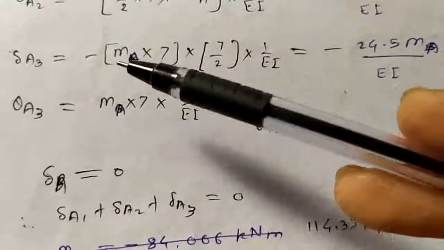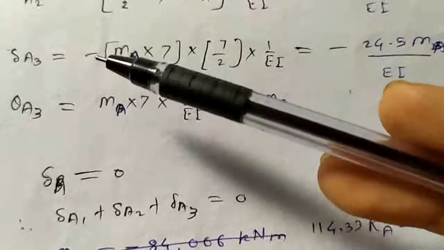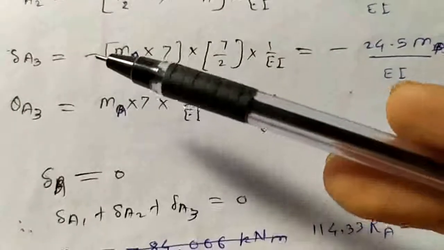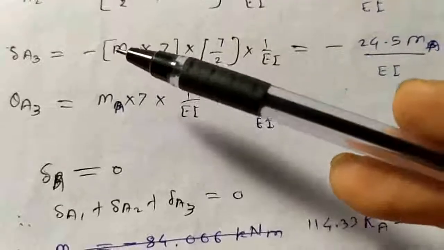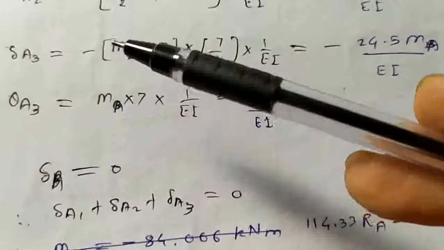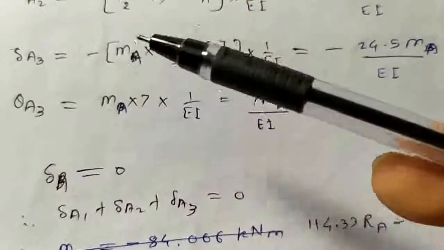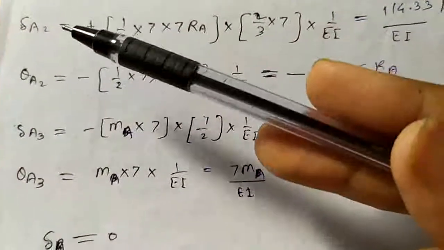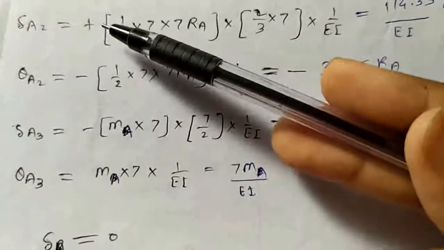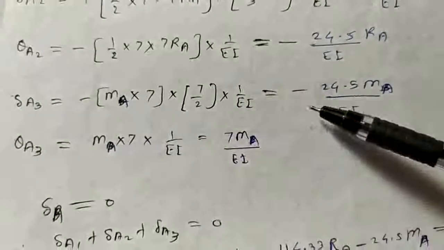Of course delta A3 is negative because it is in a downward direction, which is opposite of delta A2. Delta A2 we have taken as positive, that is, the displacement because of the unknown is taken as positive. That's why delta A3 is negative; it is in the downward direction.